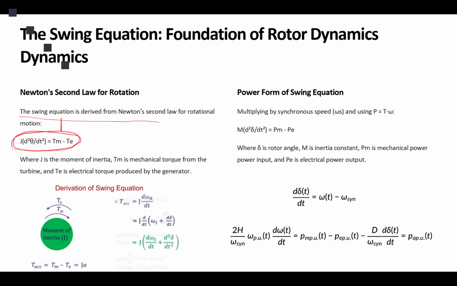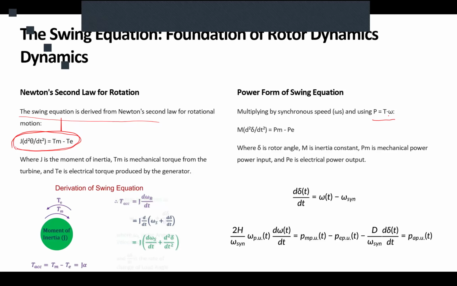So let's convert that Newton's second law rotational differential equation that we have for the rotor in our rotary machine to the parameters, or the language, that in electrical engineering we could understand and work with. So let's change the torques to power. We already know that power is equal to torque times angular frequency, the rotational speed.